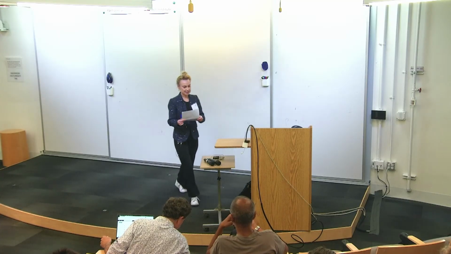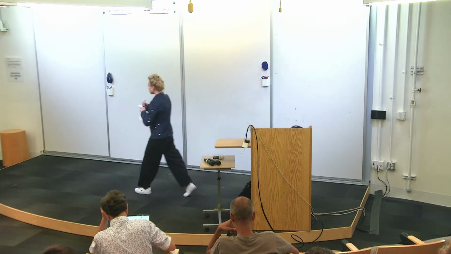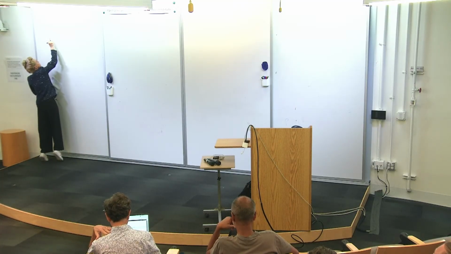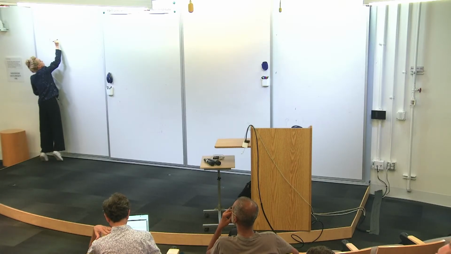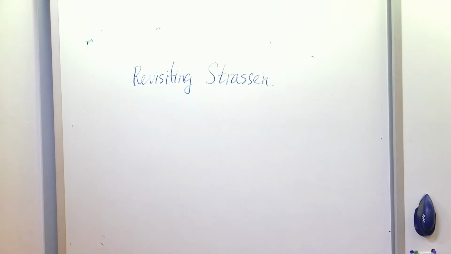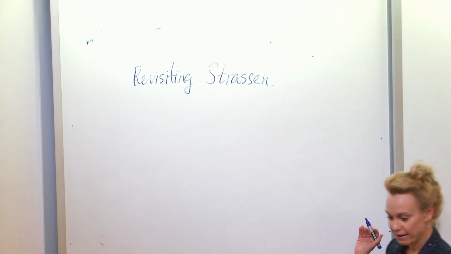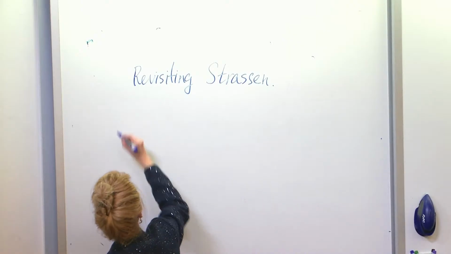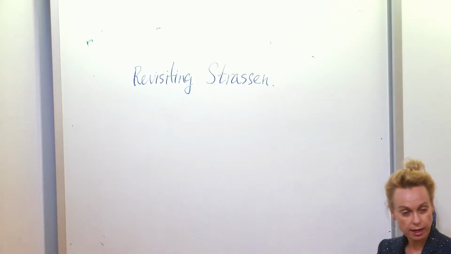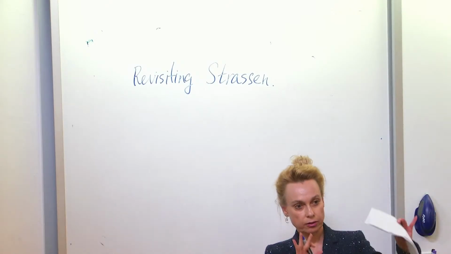So let's try this. Okay, so let's revisit Strassen again. And I'm going to be extremely annoying in that I will actually write this down. So bear with me. Okay? So I will pretend for now that we are actually dealing with 2 by 2 matrices, and then we'll see how it lifts.